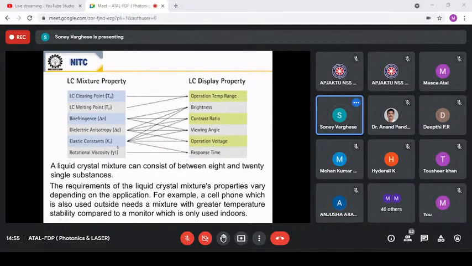Then the elastic constants of these materials also affect the brightness, contrast ratio, viewing angle, operation voltage, as well as response time. Elastic constants have something to do with the viscosity of the system, because when you apply an electric field, the molecule has to move, right?